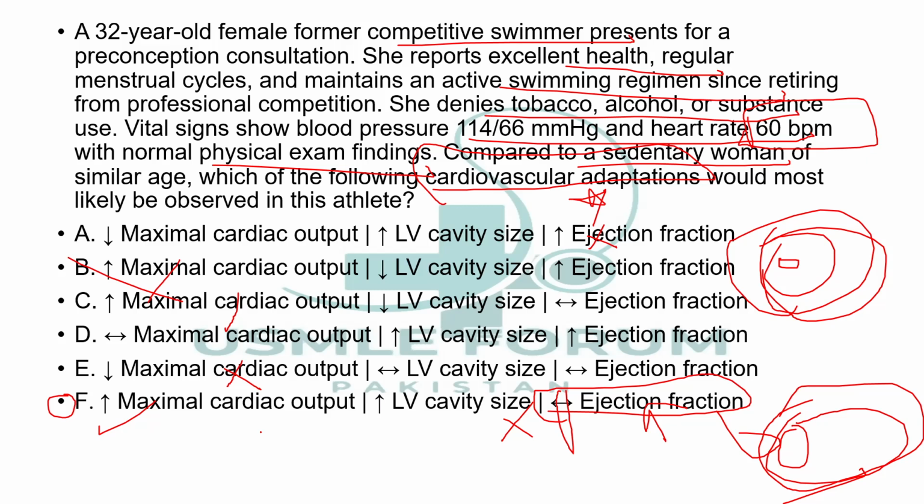Even if you just pick out the two, you can actually pick out the third one in the exam. If you just figure out two arrows, you can figure out the third arrow as well. But for completeness' sake, maximum cardiac output is increased because the left ventricle cavity is increased. So it is outputting more blood.